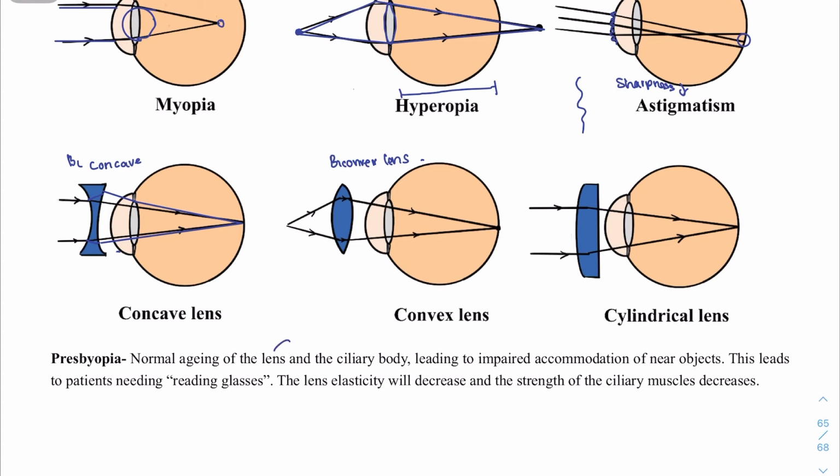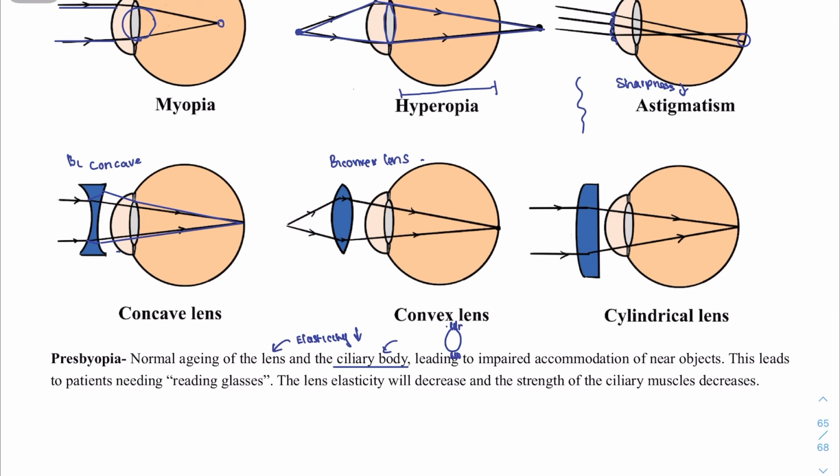So when the lens ages, that means its elasticity has decreased. And with aging of the ciliary body, the strength of the muscle contraction decreases. So what happens is these patients will need reading glasses because the muscle contraction is needed to cause the lens to thicken.